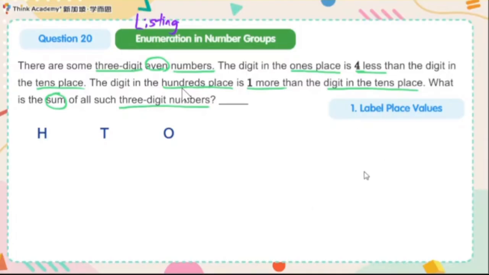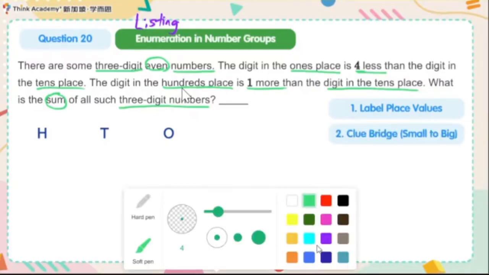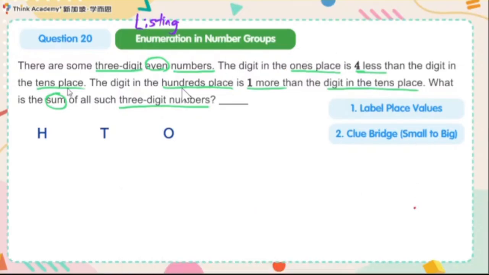Okay, and now we know that there is a relationship between the different digits in the different place values. So we need to use a clue bridge to show the difference between the different digits. We have the ones, the tens, the hundreds. How I usually like to draw the clue bridge is to start from the smallest one to the largest one.